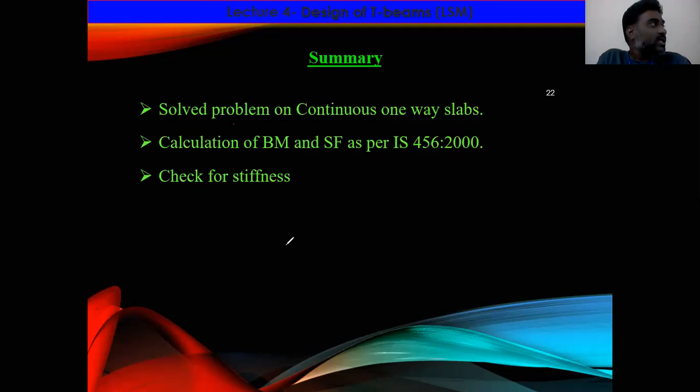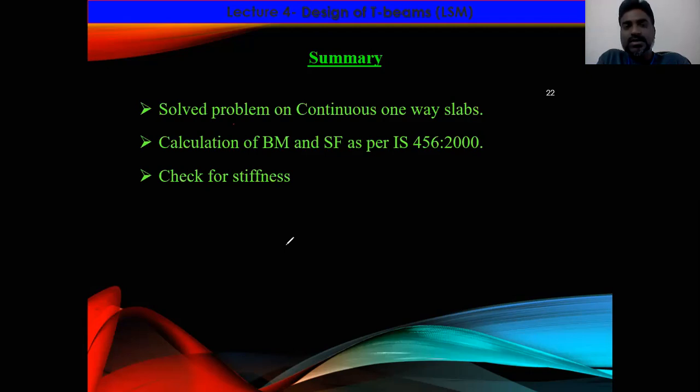So we have provided the minimum reinforcement as distribution reinforcement, and we have calculated the spacing required. As per IS 456-2000, the maximum spacing should not be greater than 5 times T or 450, whichever is less.